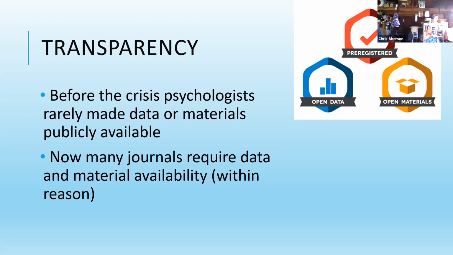The journal I edit is published by Wiley, and Wiley has instituted a policy for all of their journals where there has to be a data availability statement, and they make it very clear that the baseline expectation is that people will share data. Now, that's within reason. We all understand that not all data can be shared, and there's some areas where you wouldn't be able to share data. However, we're now moving toward that being the norm rather than a rarity.